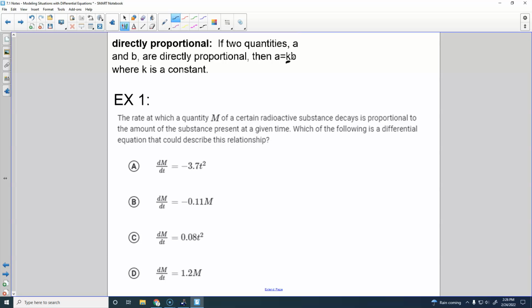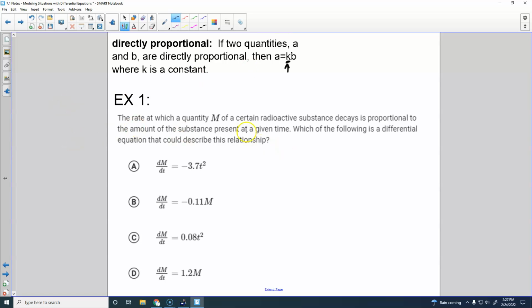So if you work 15 hours at $10 an hour, you'll make $150. This K is how much you're paid per hour. Basically it just means that we can find something by taking a number and multiplying it by whatever value. With wages, it would be your hourly wage times your time.